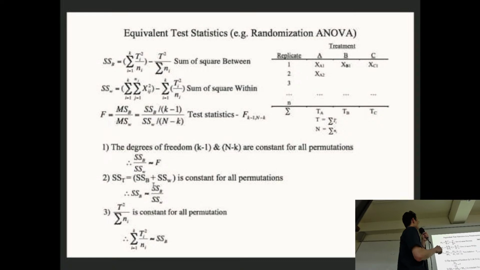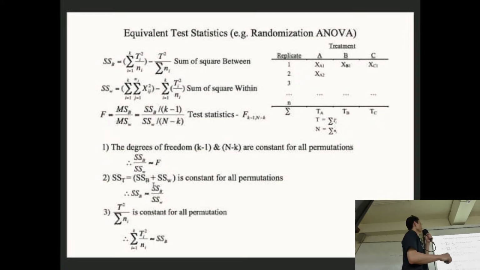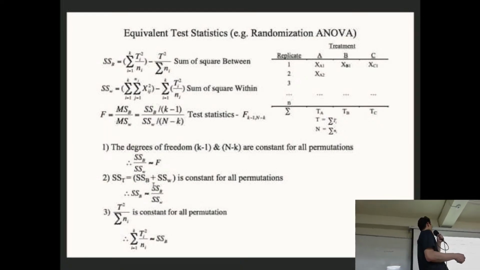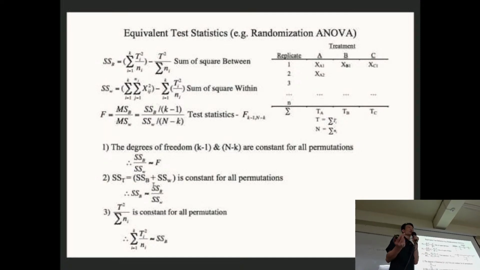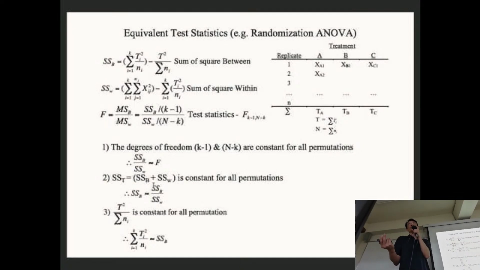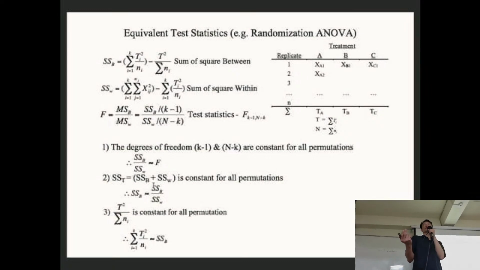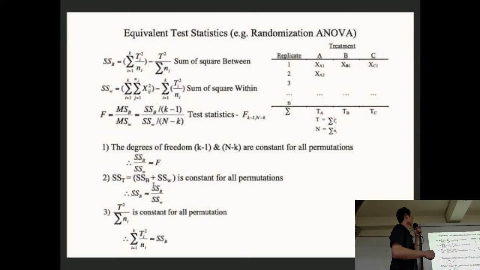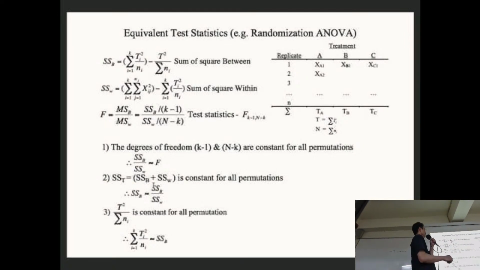So we have sum of squares between, and then we calculate sum of squares within, and then adjust for degrees of freedom. So we calculate the F ratio, right? And the degrees of freedom are k minus 1 and n minus k. And then you check the table, right? You check the table according to the degrees of freedom, to test whether the observed F is larger than the critical value of F. That's what you learned from undergrad, right? Okay. So we have to do all the process, and then we reject or don't reject the hypothesis.